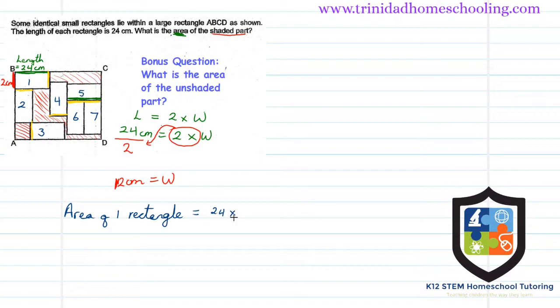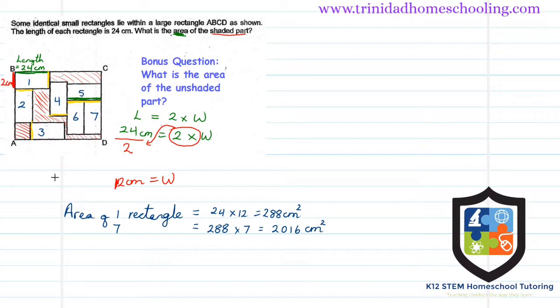So that's 12 by 24 to give us 288 centimeters squared. Now let's find the area for 7 of these rectangles. We will just multiply the area of 1 by 7 to give us 2016 centimeters squared.